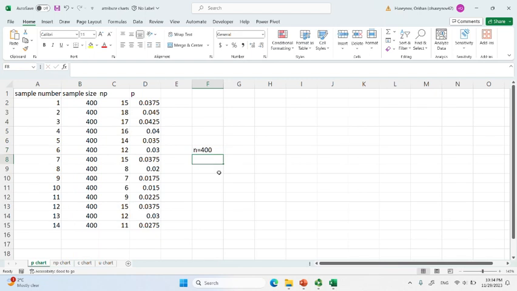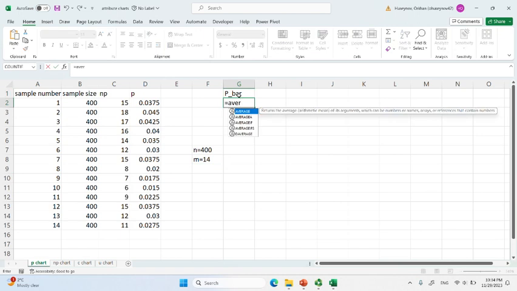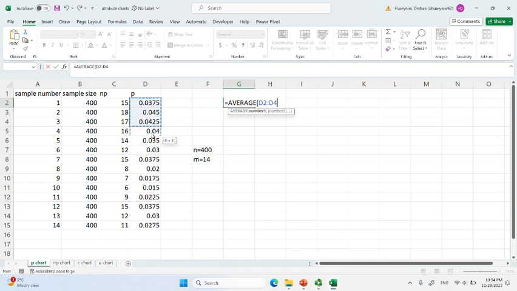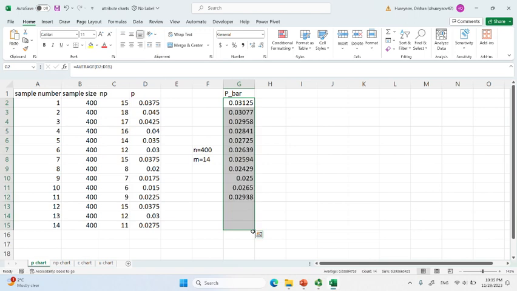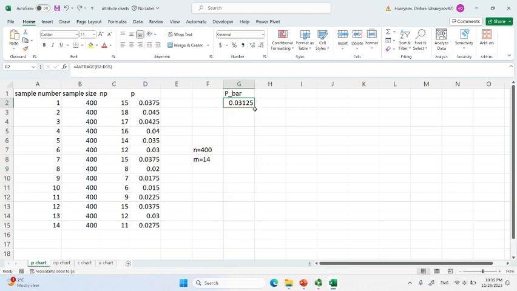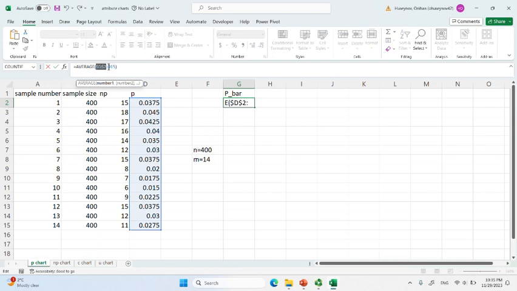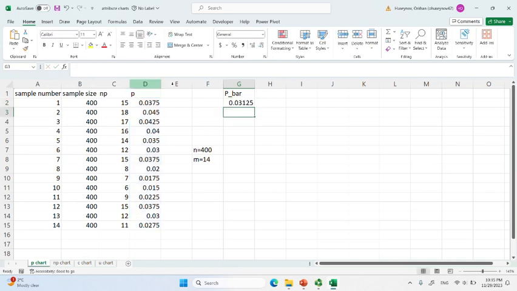M, the number of samples, is 14. Let's start firstly with the p bar, the average p value, which will be equal to the average of these p values. It should be the dollar sign here, and then dollar sign here.